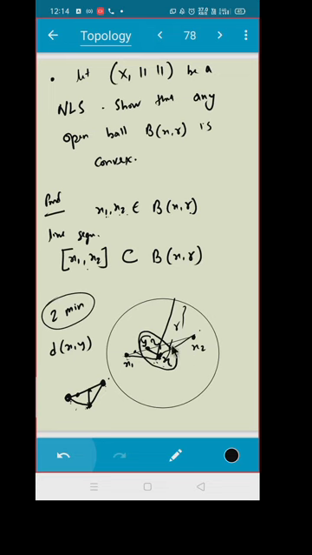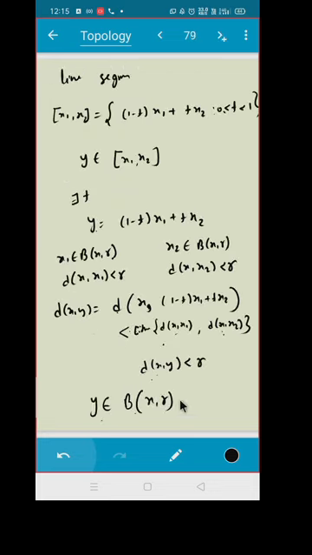Everything is clear graphically if you understand this. We wanted to use d of x comma x1 and x comma x2. You take any point in between, and you already know that this is always going to be less than one of them. So is that clear? Any open ball is convex. Yes, sir. Good.